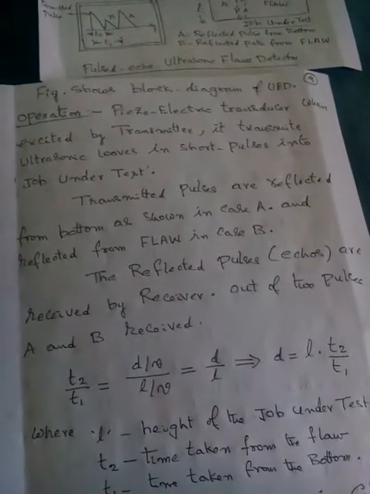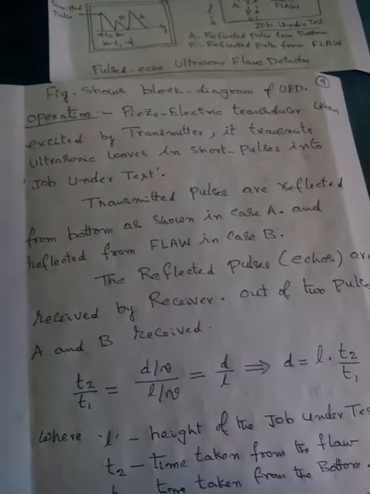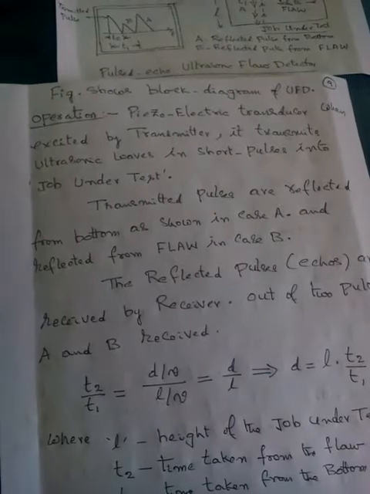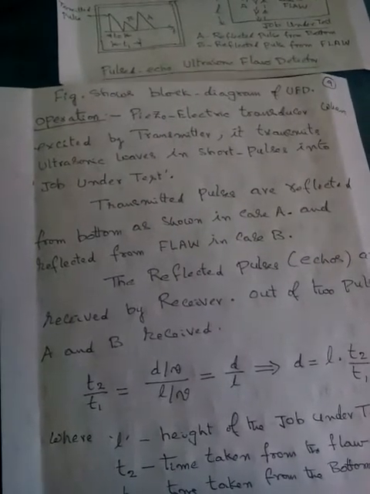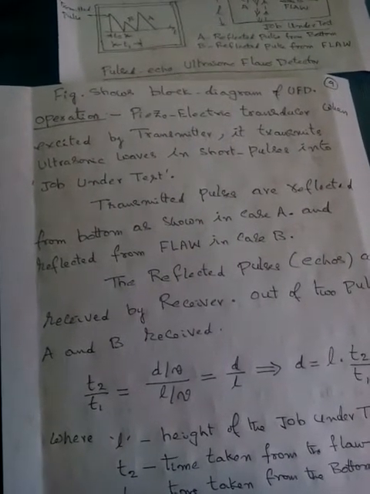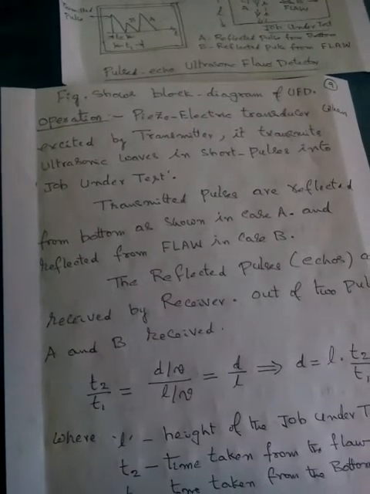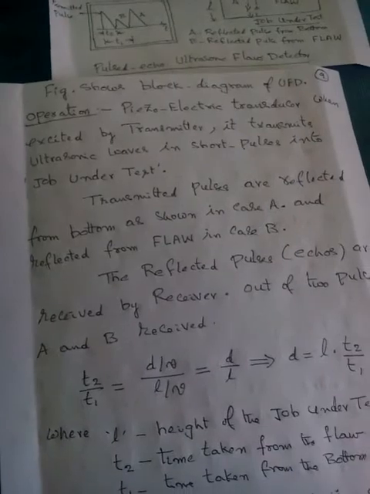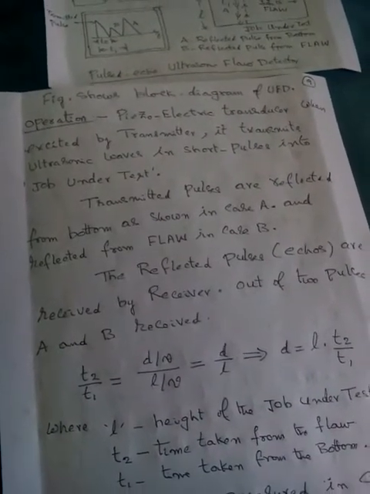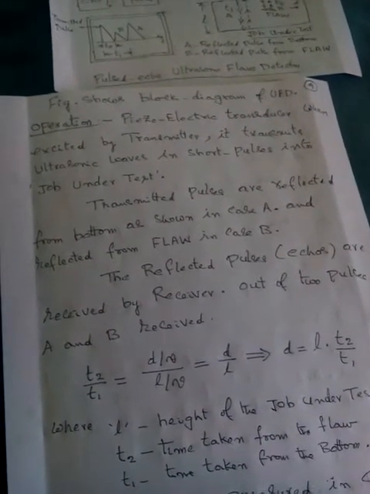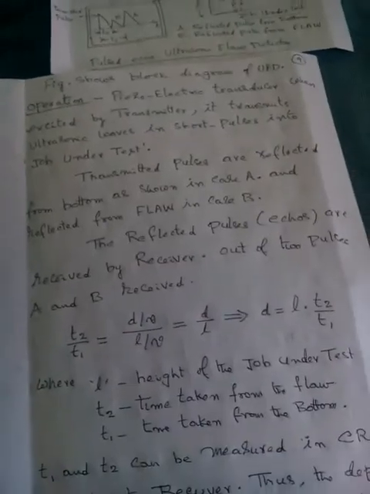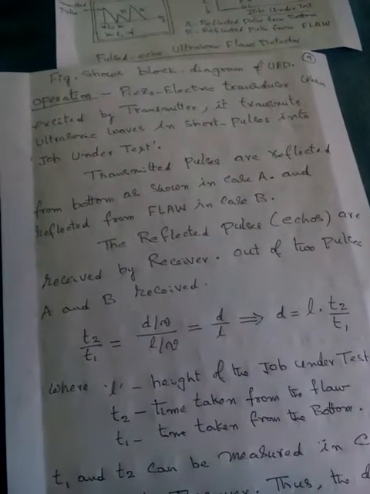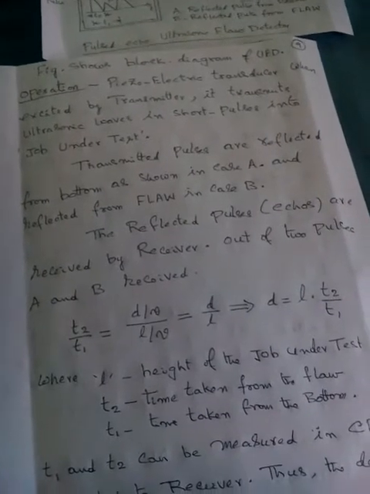Out of two pulses A and B received, T2 by T1 is equal to D by V by L by V, where V is velocity, D is the depth of the flaw, L is total depth of the material. So T2 by T1 is equal to D by L, where D is depth of the flaw is L into T2 by T1, where L is height of the job under test, T2 is time taken from the flaw, T1 is time taken from the bottom.